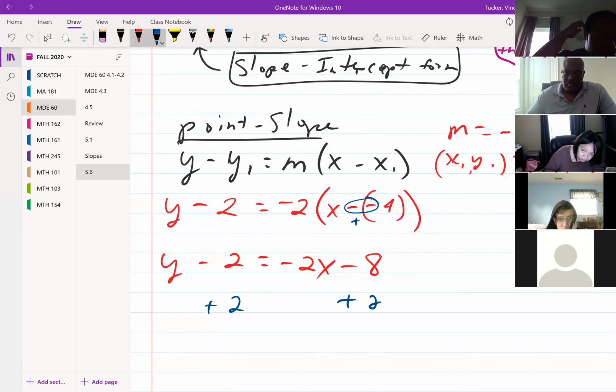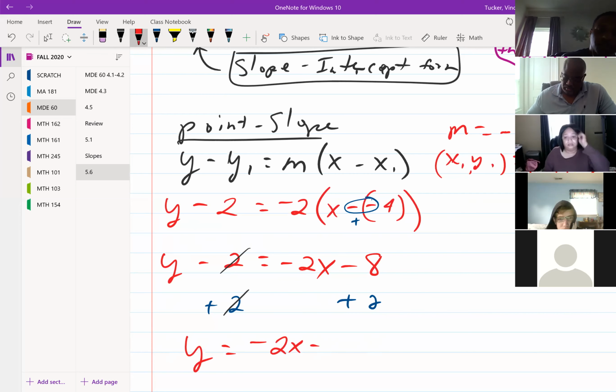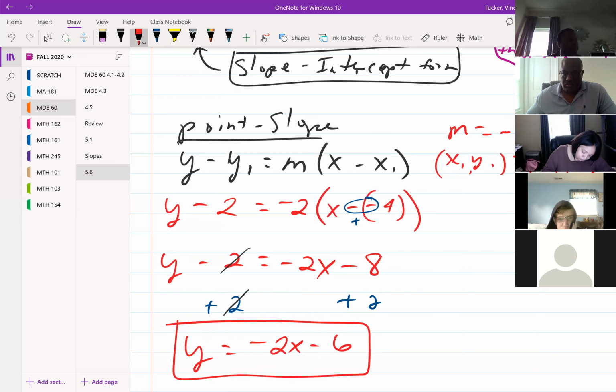They cancel. Y is equal to negative 2x minus 6. So basically, memorize 3 formulas and know when to apply them. That's it.